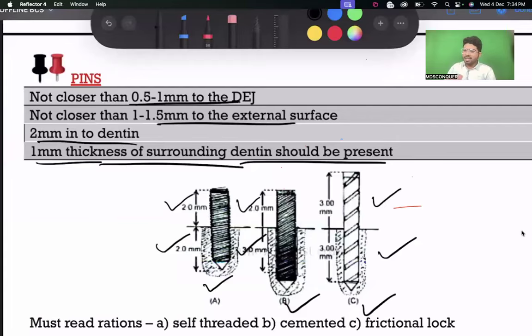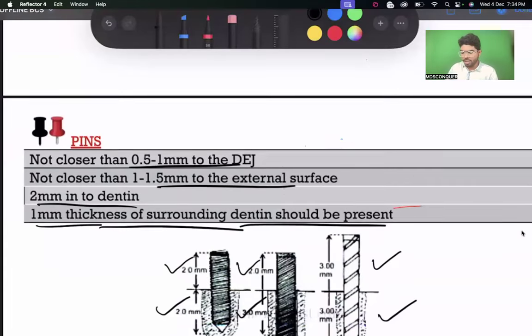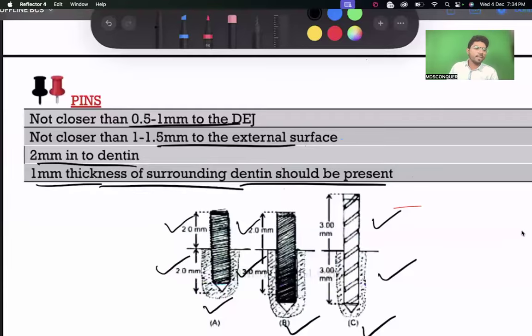I just want to link this concept to your post and core concept. In post and core, we have discussed there are three principles. What are the three principles of diameter of post and core? Preservation, proportion, conservation. There also the concept clearly says you should preserve at least how many millimeters of dentin?